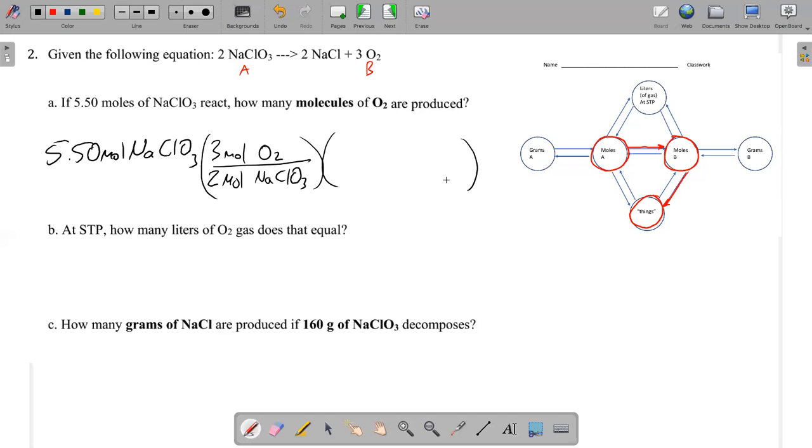And then I want to convert into molecules. Every mole of anything has 6.02 times 10 to the 23rd particles, but in this case, they're individual molecules. They could be atoms, they could be molecules, could be formula units.